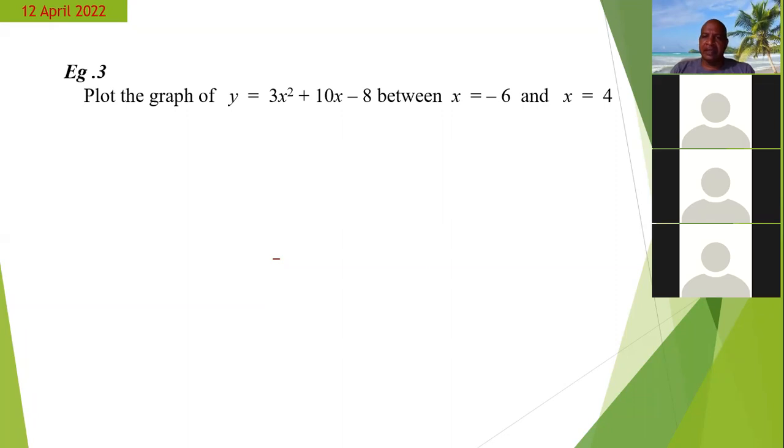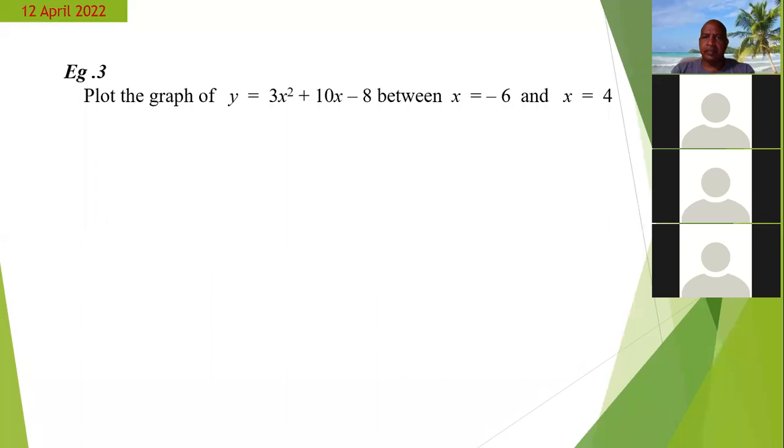Now, looking at this equation, can anybody tell me what the shape of the curve is going to be? Whether it's going to be a mountain or a valley? Anybody can tell me? What shape will the parabola have?